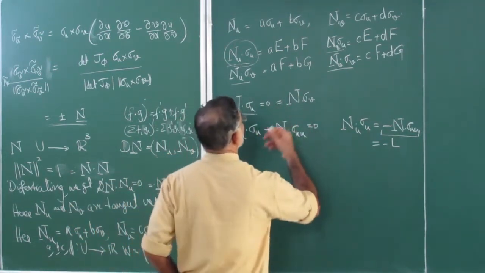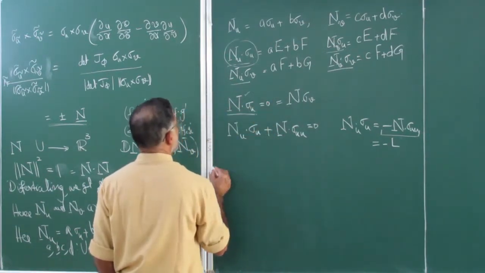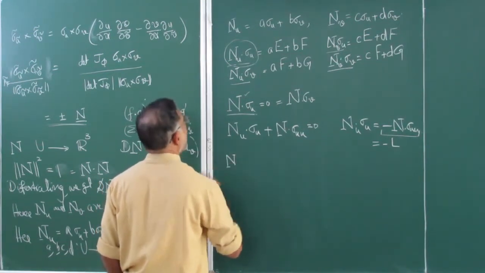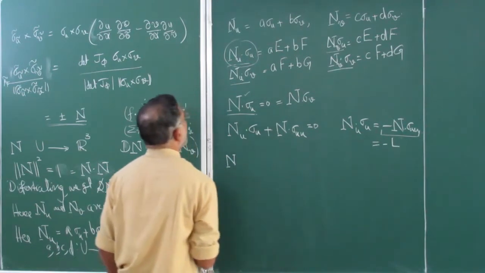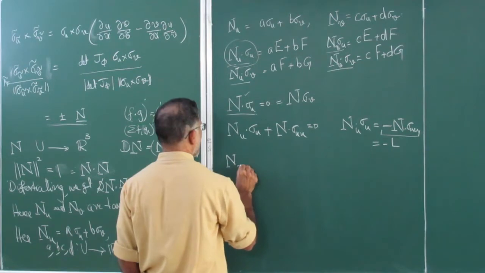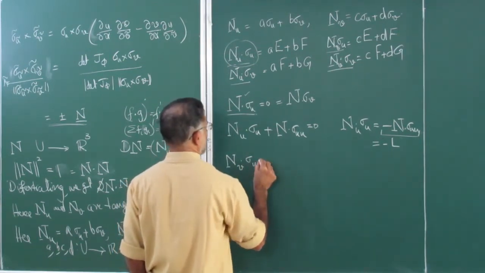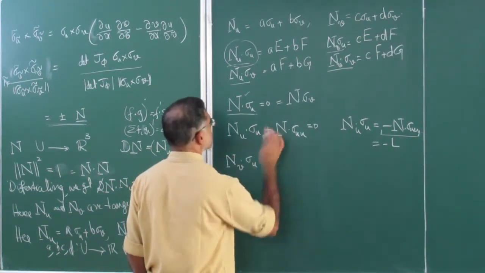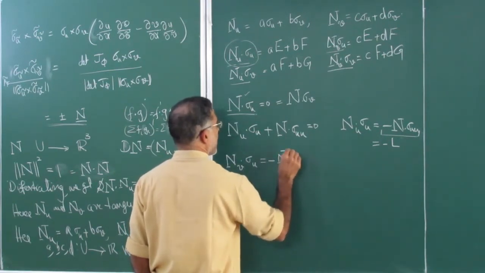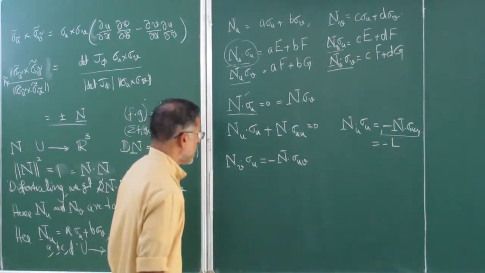Now let us differentiate this with respect to v. So what do you get? Differentiate this with respect to v: n_v · σ_u, or transfer it to the other side, equal to minus n · σ_uv.